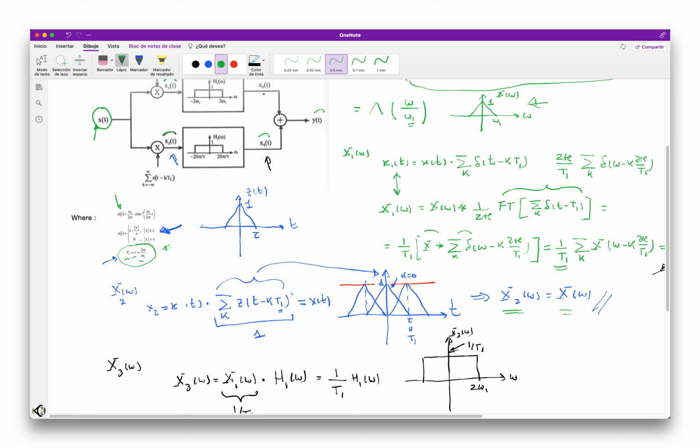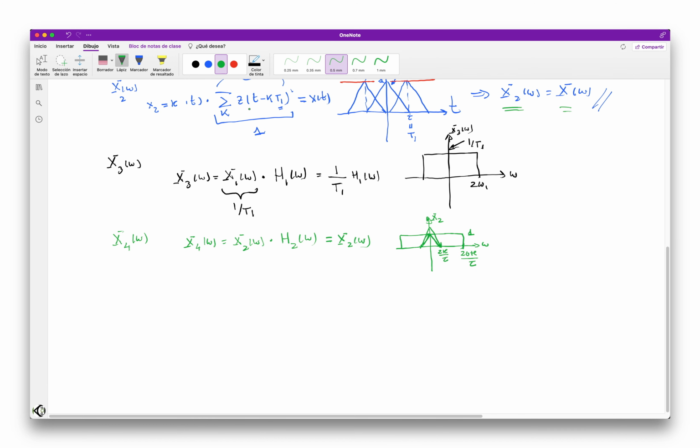Finally, we need to add together x3 and x4 to form the signal y. So we go now to y of omega. Y of omega is just taking the two branches, the upper and lower branch, and adding them together. So it's x3 of omega plus x4 of omega.